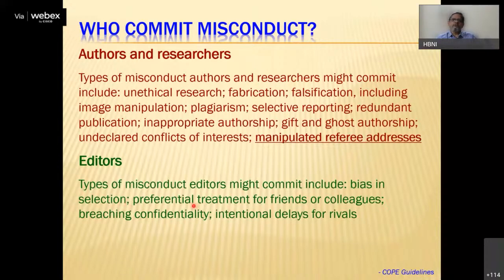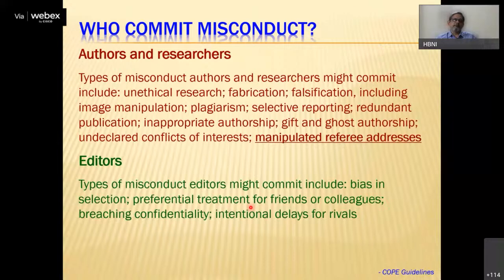Then preferential treatment for friends and colleagues. This has also been seen very often, when papers on similar research work have a higher probability of getting accepted if they happen to be emanating from some European or American laboratory. So you can have certain preferential treatments by the concerned editors.